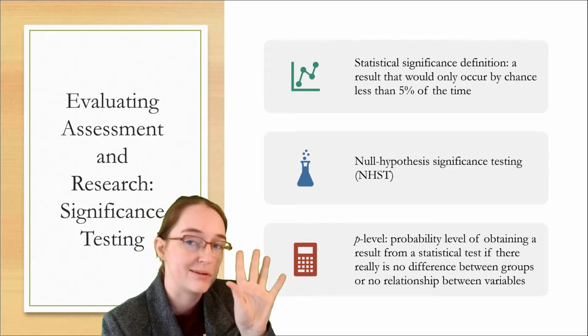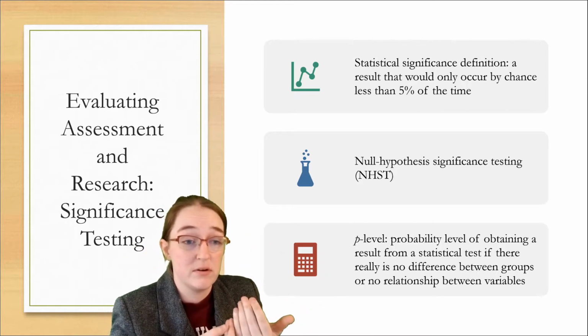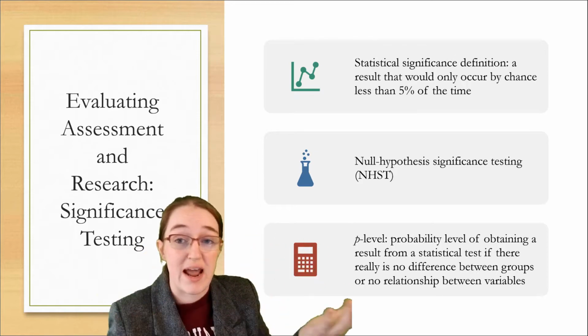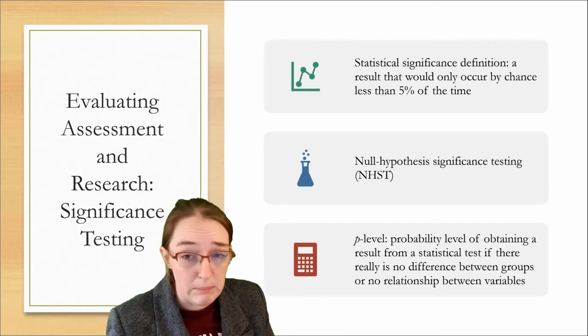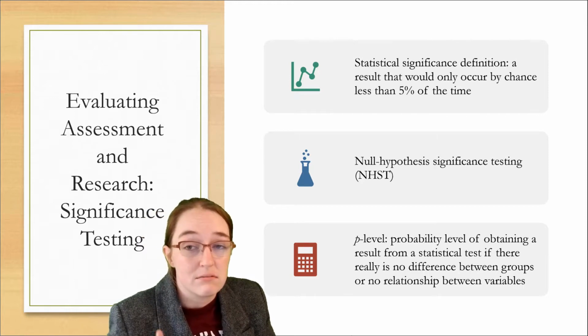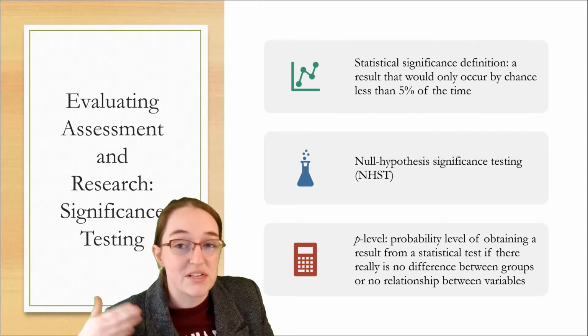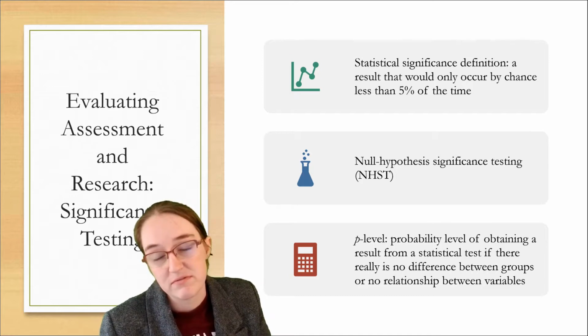You pose a null, which is nothing happens, compared to a baseline where there was no real effect for your study, and then ask the chance of getting a result that looks like something's happening. We use the rule of 5%.